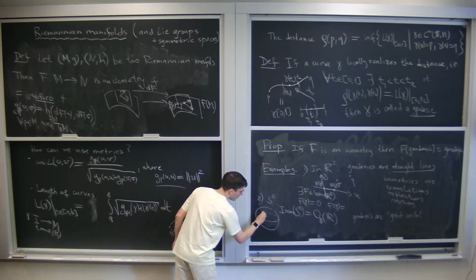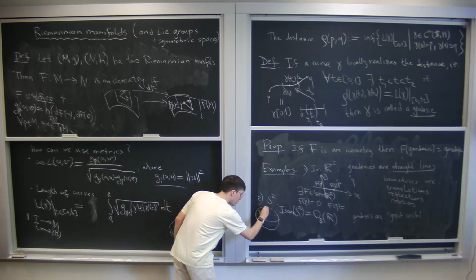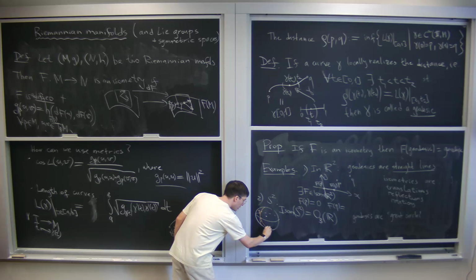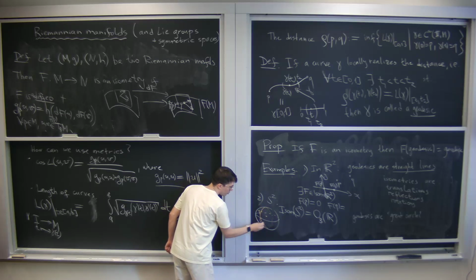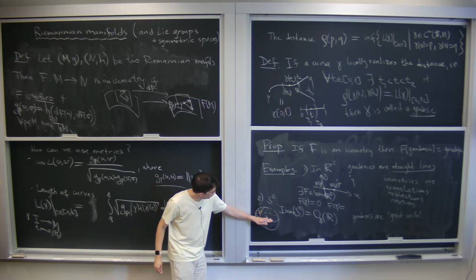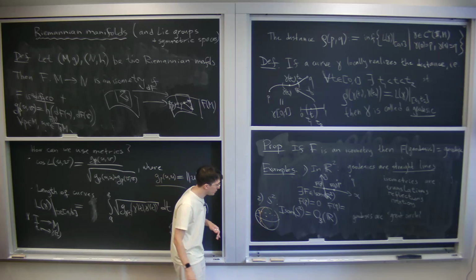So if one has 2 points, say P and Q, one needs to take the plane which is generated by those 3 points, P, Q, and the origin, the center of the sphere.